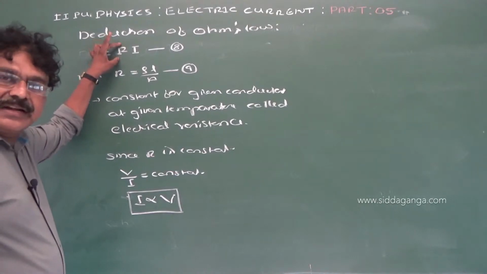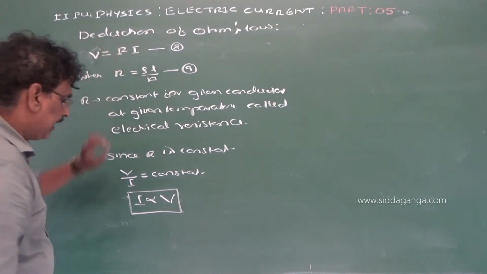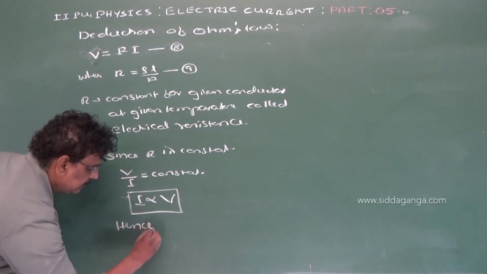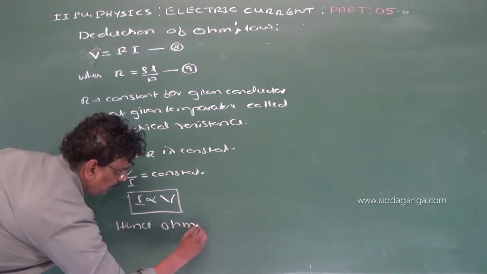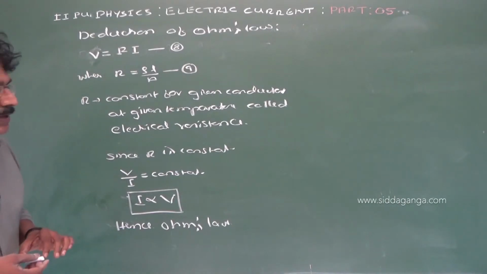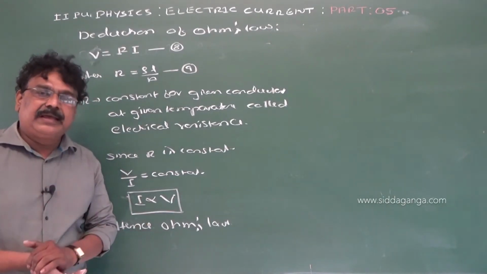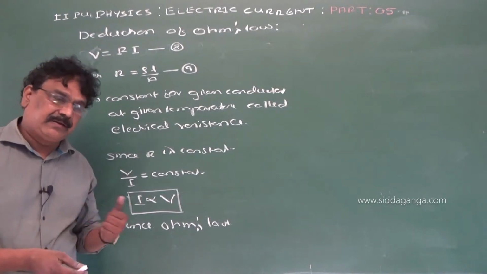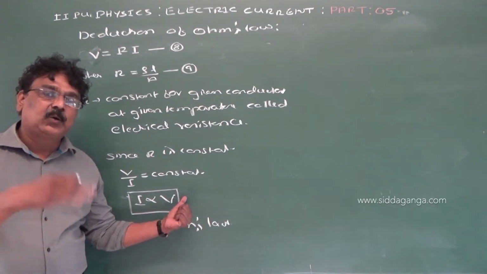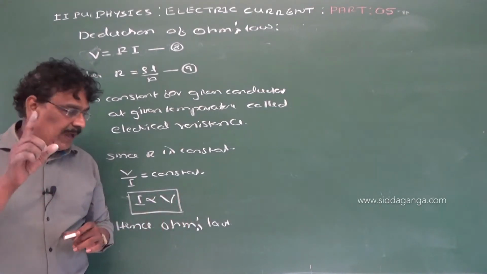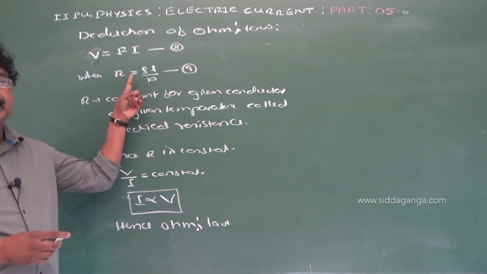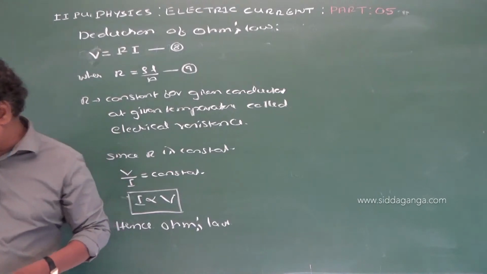Since R is constant, V is directly proportional to I. Hence we have arrived at Ohm's law. Here we have derived I is directly proportional to V, but we got two more expressions here: one for electrical conductivity and another for electrical resistance.